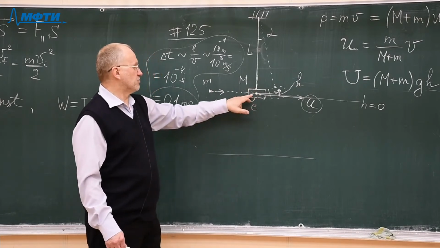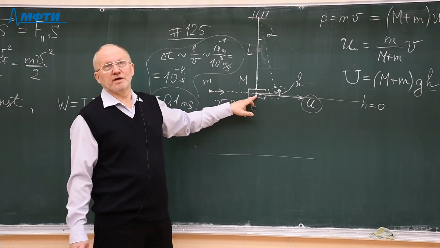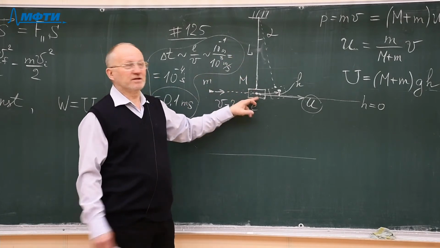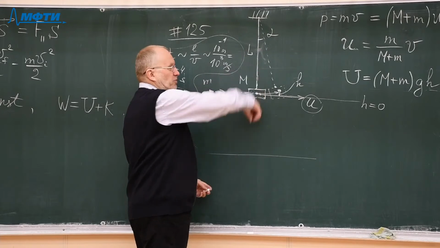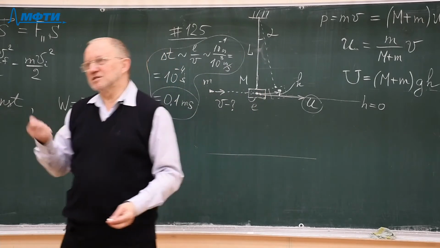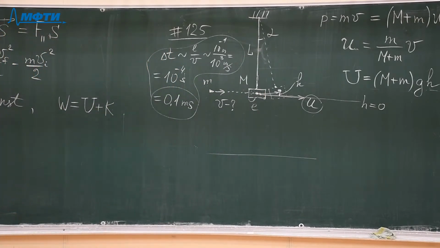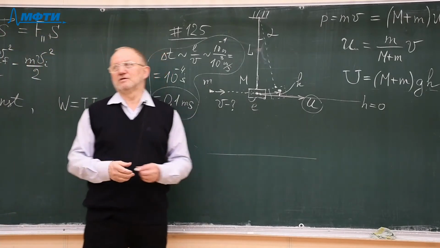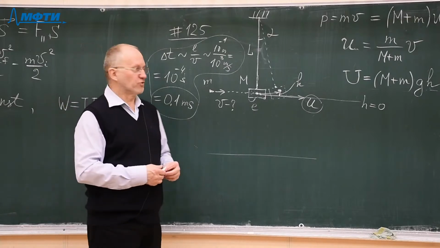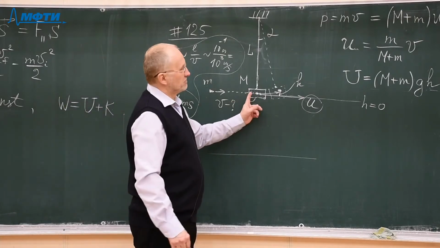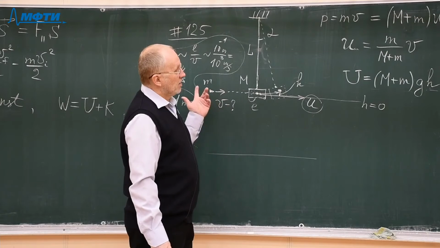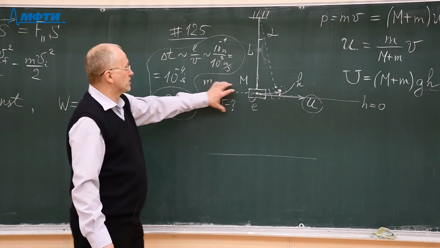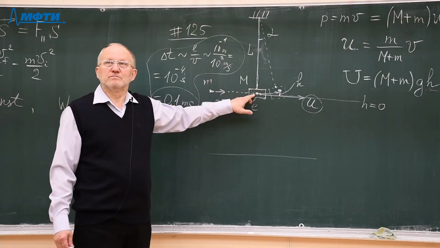The temperature of the bullet will increase. And if you take the bullet immediately after it was stuck in the sand, you can put your hand in here and find the bullet and take it. It will be hot. You will see that the bullet is very hot. Its temperature may be very considerable because of the forces of friction here. So part of the kinetic energy of the bullet is lost because it's dissipated.